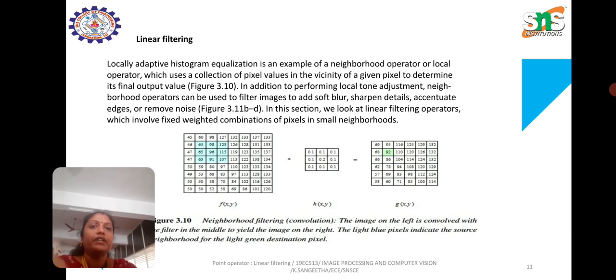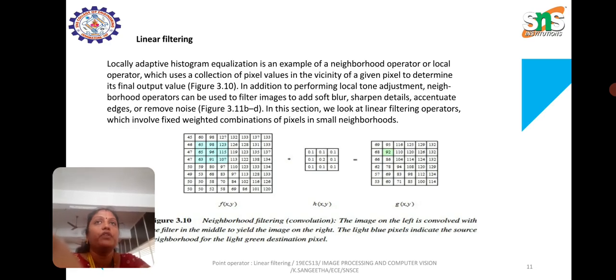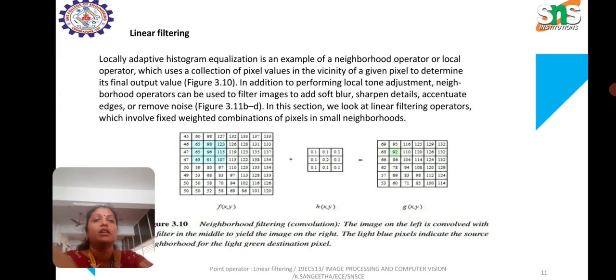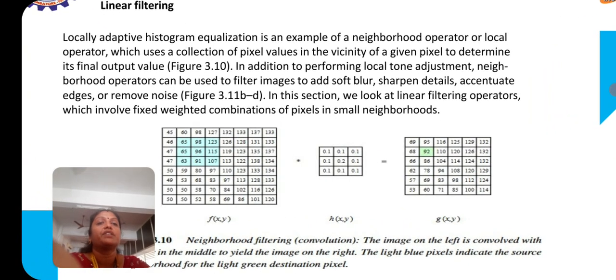Linear filtering applies a filter kernel to an image, known as convolution. The new value of each pixel is calculated as the weighted sum of its neighboring pixel values determined by the kernel. The locally adaptive histogram equalization is an example of a neighborhood operator or local operator, which uses a collection of pixel values in the vicinity of a given pixel to determine the output value.